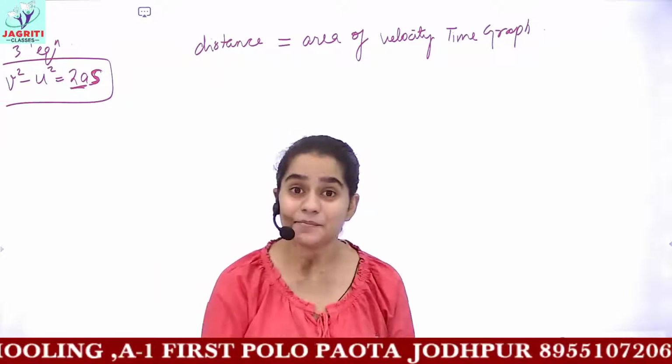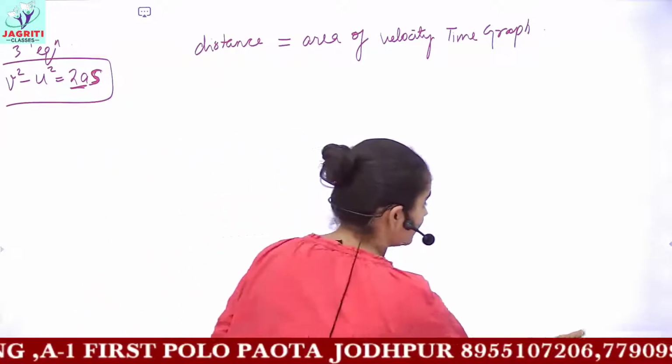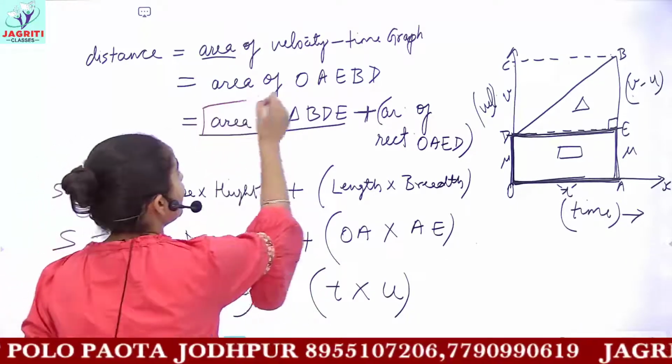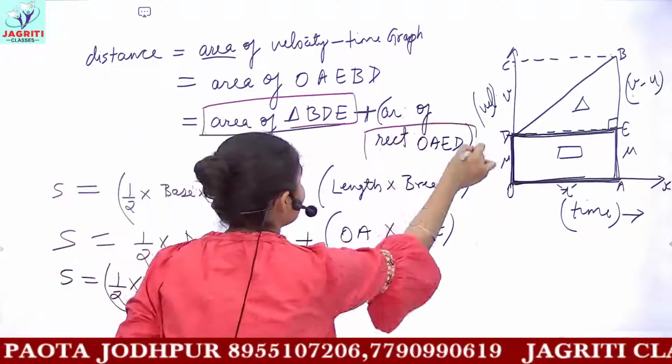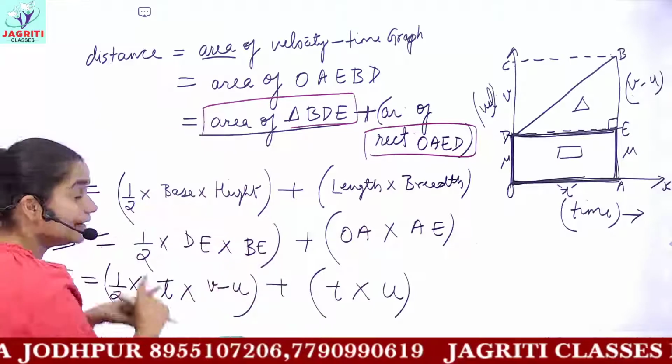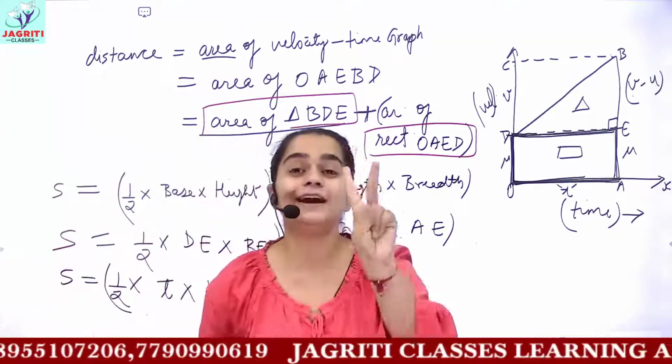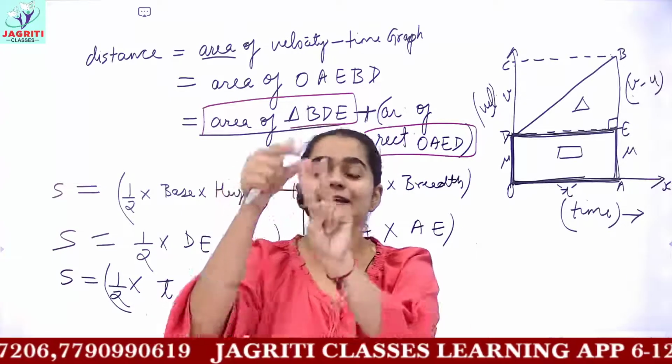But in the second, if you remember, we found the area of the graph in two terms: we found the area of a triangle and then of a rectangle, and then we added them. So for deriving the second equation, you have to find the area of two things, a triangle and a rectangle.